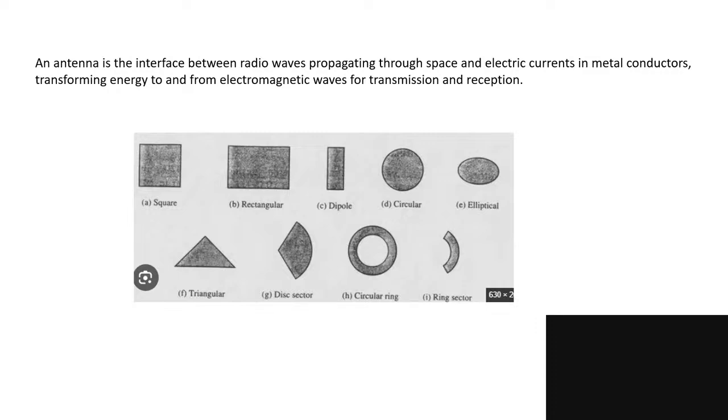Antennas are widely used in radio, television, mobile communication, Wi-Fi, satellite communication, radar, and many other wireless systems. The size of an antenna depends on its application and operating frequency.